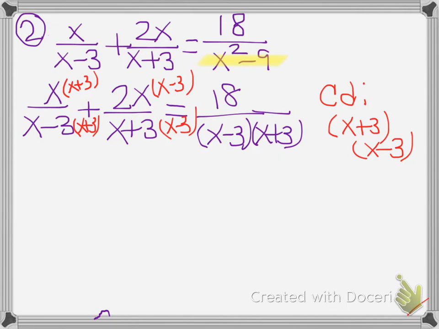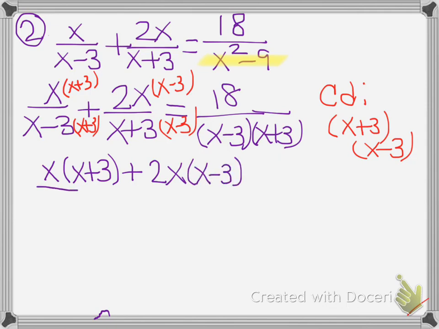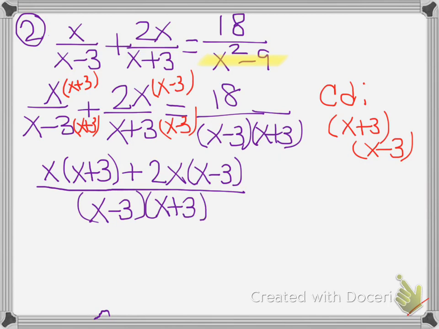So now what we can do is we can rewrite the whole thing. X times x plus 3 plus 2x times x minus 3. These are both over x minus 3, x plus 3, because it's the common denominator.